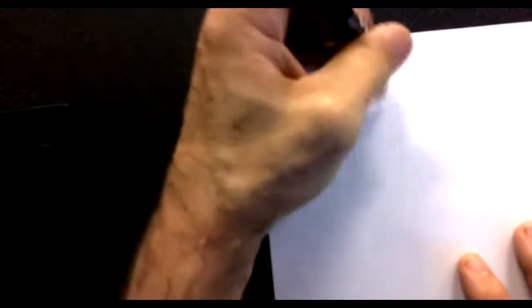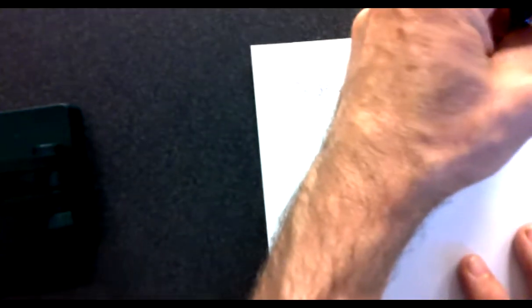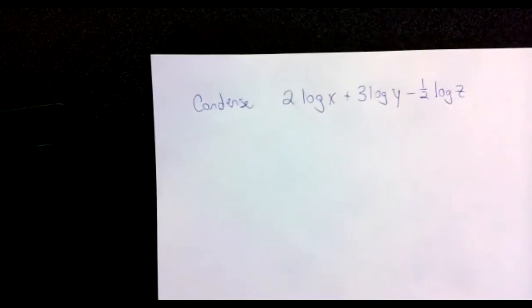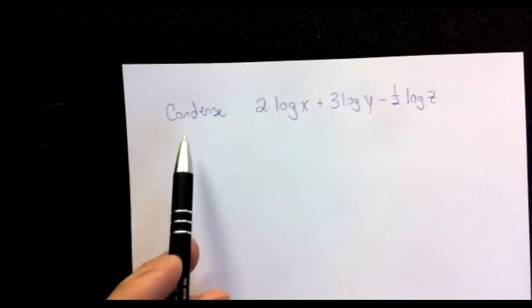And they'll give you something fun like 2 log x plus 3 log y minus 1/2 log z. So this is the expanded form, and they're going to tell you to condense this.